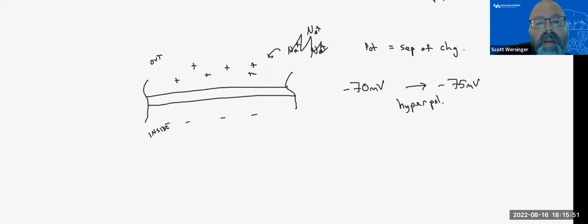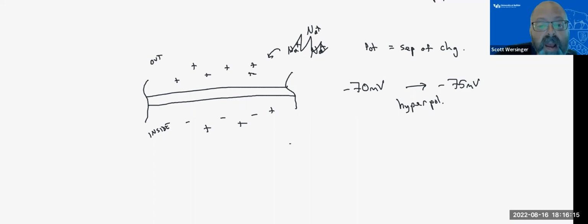What would happen if instead of doing that, I added some positive charges to the inside? Now the difference between the inside and outside is less. So in comparison, I have a smaller excess of positive charges outside.